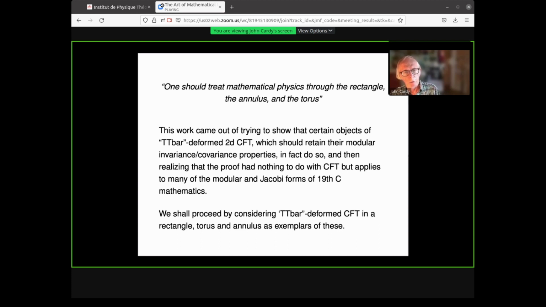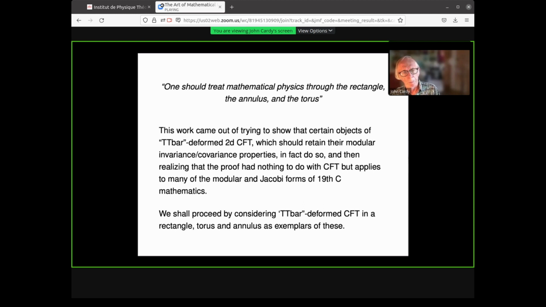And in the course of this work, I realized that the proof that I obtained had nothing to do with the fact that it was a conformal field theory, but in fact it has everything to do with the modular properties, how it applies to all kinds of modular and Jacobi forms of 19th century mathematics.